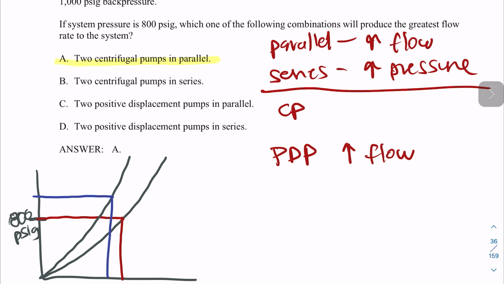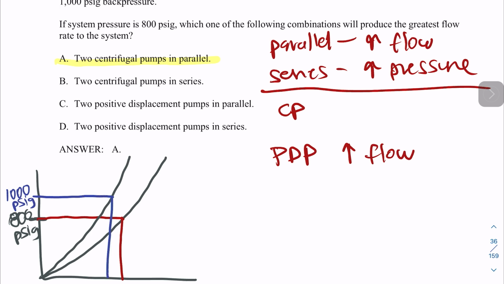I have this back pressure of 1,000 psig. So which one is giving me the pressure that is going to be the greatest flow? I'm going to have the greatest flow on this one, the system pressure. If I have this back pressure at 100 GPM, I'm going to be getting less flow.